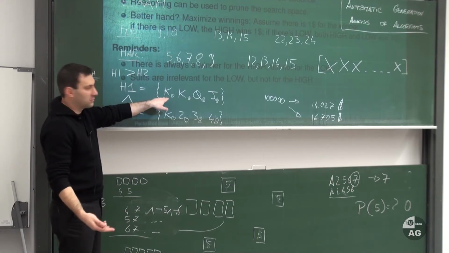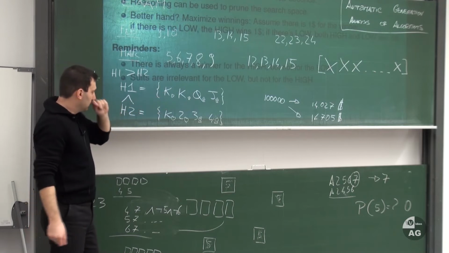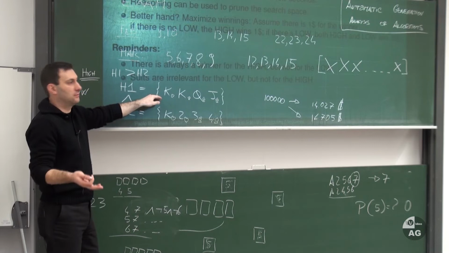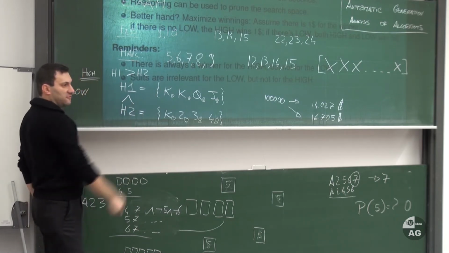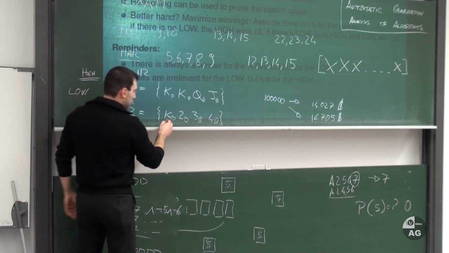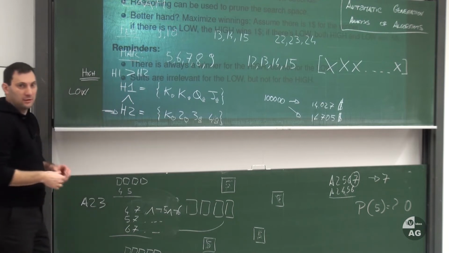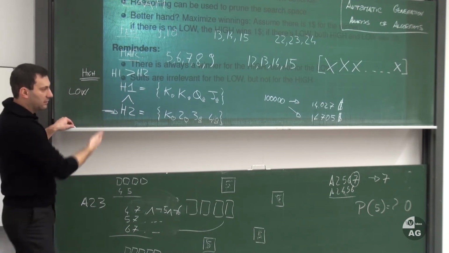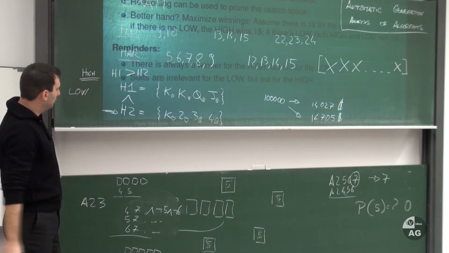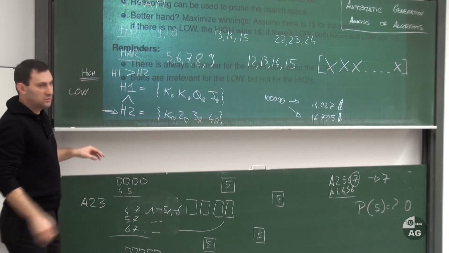You will never score a low, so you will never win any money with this. Every time there is a low, you know that at best you win $50. So clearly this is inferior. And when you combine the two together, I'm absolutely certain that H2 is actually better than H1. I cannot tell you if it's mathematically true, but knowing the game, I'm pretty sure that globally this is better than H1.